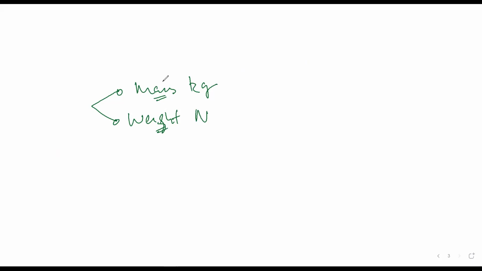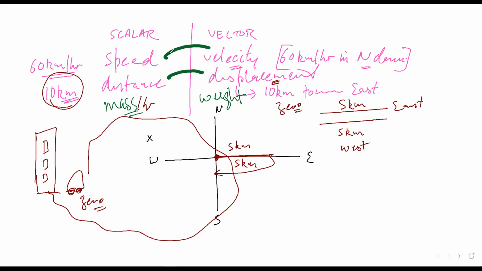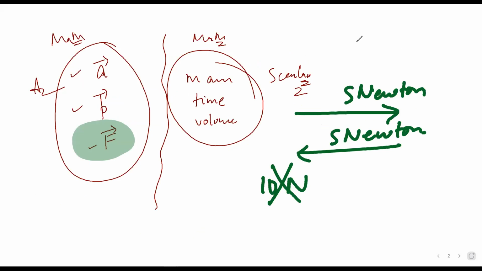But we need to understand that when we are dealing with physics, speed and velocity might be the same in common language. People can use either speed or velocity, distance or displacement, mass or weight. But when we are dealing with physics, we should be very particular about what it is that we are dealing with. Have you understood? Yes, sir.